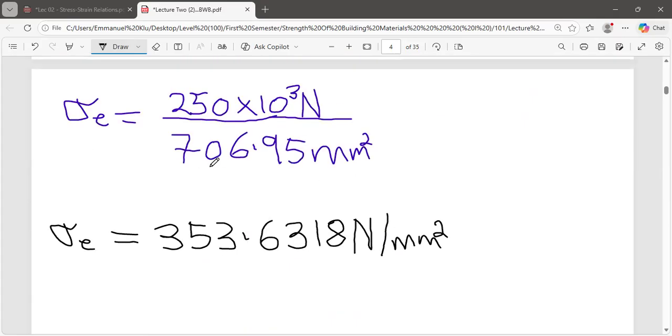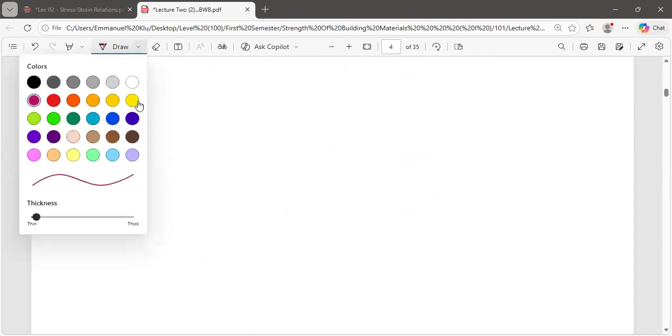So we are done calculating for our question B, and then our question C says that we should calculate for the maximum stress. It's just the same trend. So let's quickly do that together. So this is C, the maximum stress.